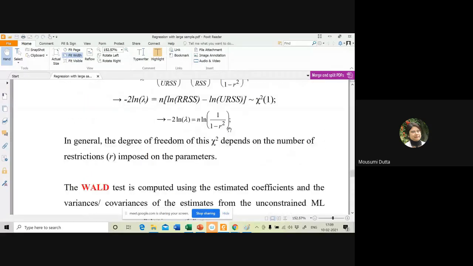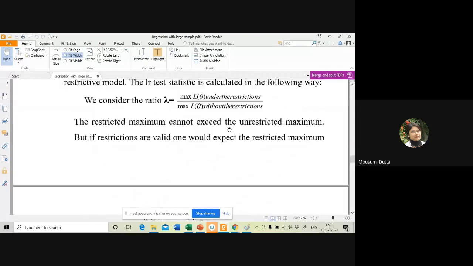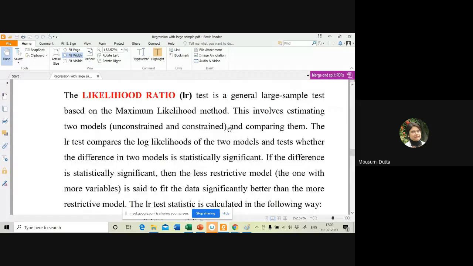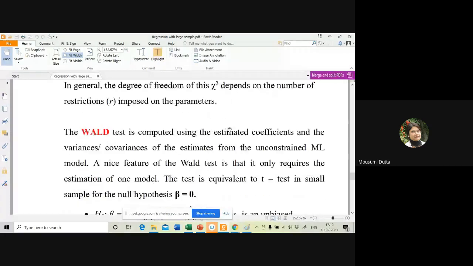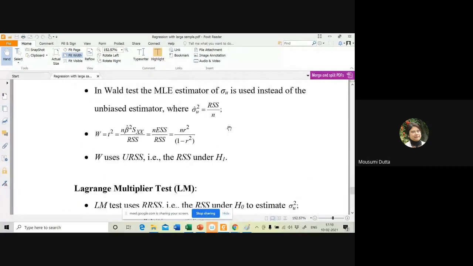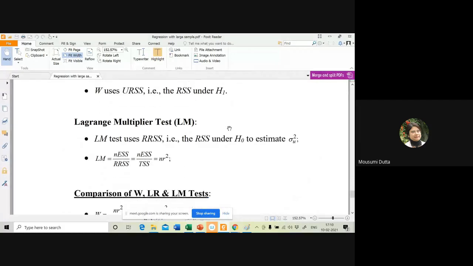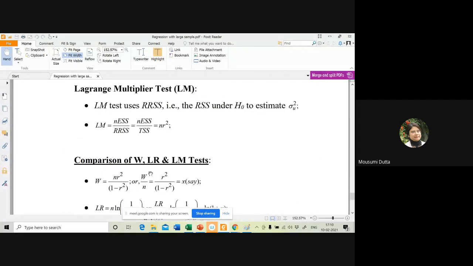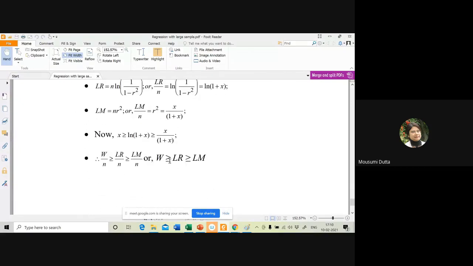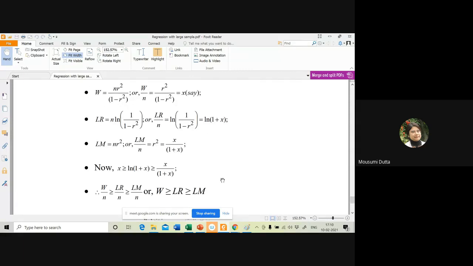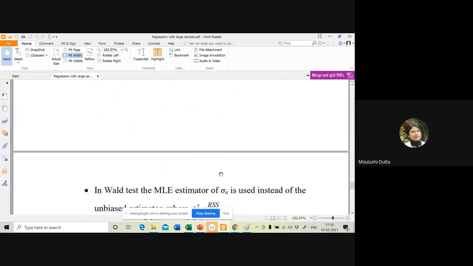So mark that change, and you also need to understand the meaning of the likelihood ratio test, the Wald test, and the LM test, the Lagrange multiplier test. This comparison is also in your syllabus: how we can compare these three tests and establish the relationship. The Wald test is greater than or equal to the likelihood ratio test, and that is greater than or equal to the LM test. Did you check all these notes I sent to you?